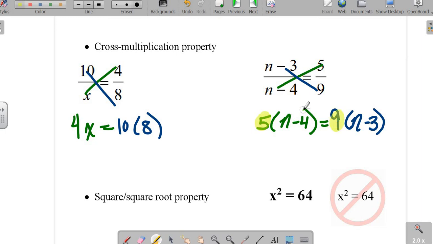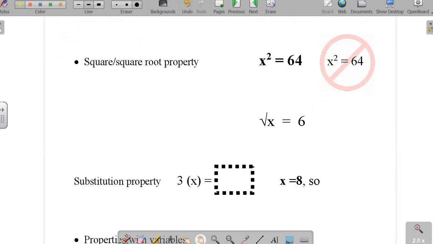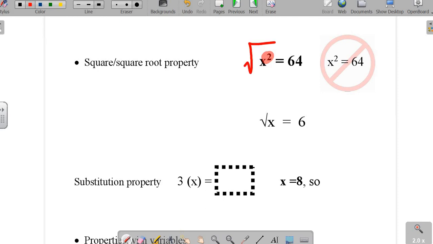Do not do the distributive in your head. Then you have something called the square root property. Watch carefully. If I have x squared equals 64, the opposite of squaring is square rooting. So I'd square root. The opposite of squaring is square rooting, and I would get x equals 8.